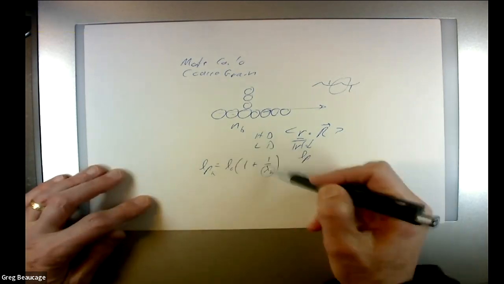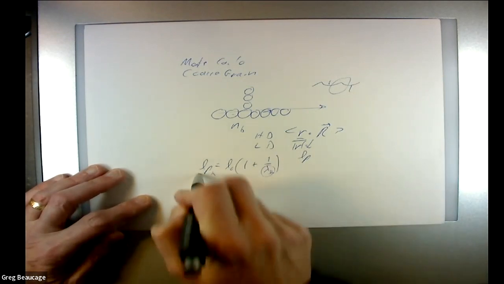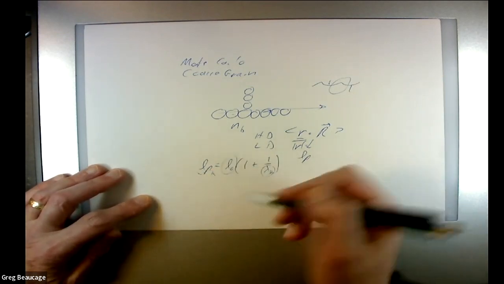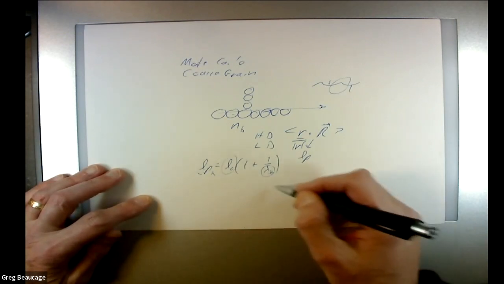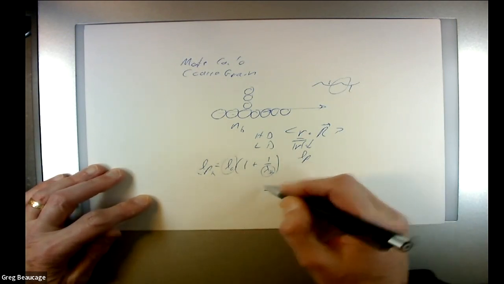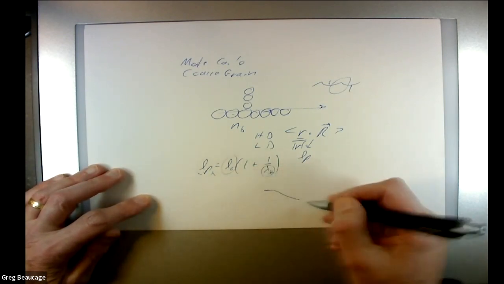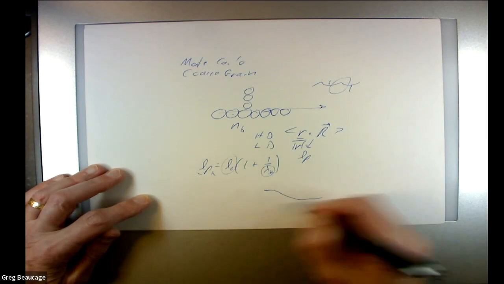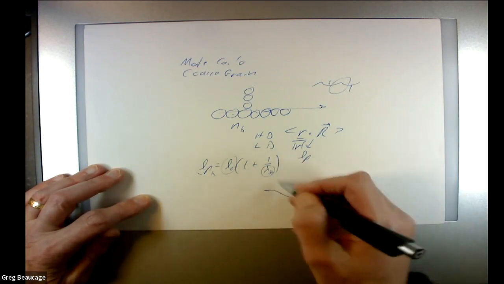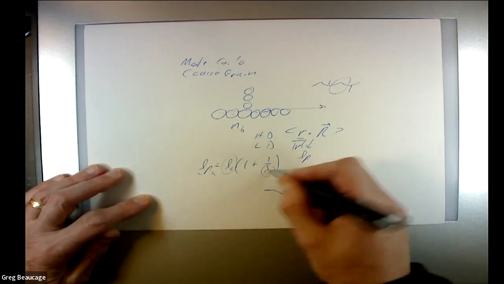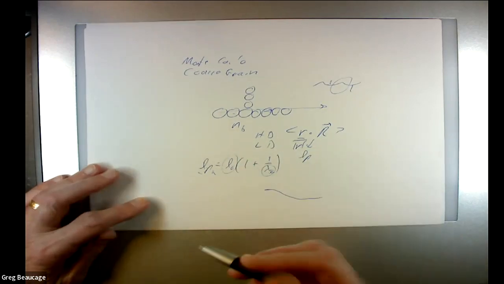So it's 1 over lambda. The larger the lambda, the smaller the persistence. And it doesn't go to 0, though, it goes to this L naught. So that would look like, you have L naught, and this gets larger, that gets smaller, so it drops down like that. Anyway, the larger that is, the smaller the persistence.